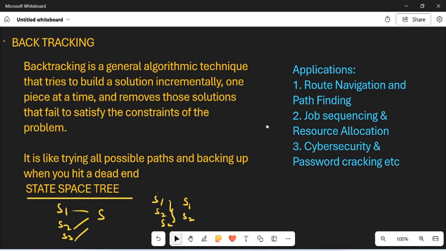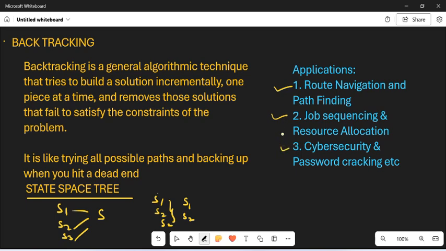And backtracking is used in real time. We apply backtracking in various places and various applications: route navigation and pathfinding, job sequencing and resource allocation, cyber security and password cracking.